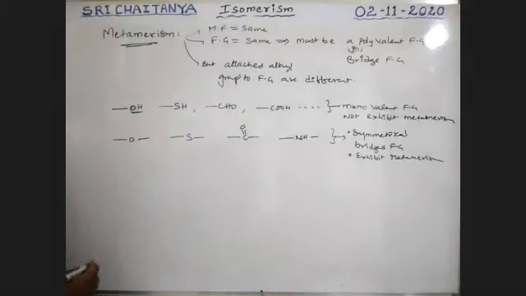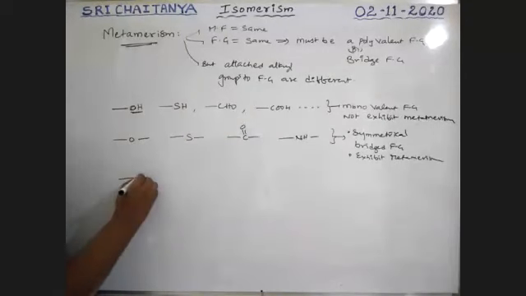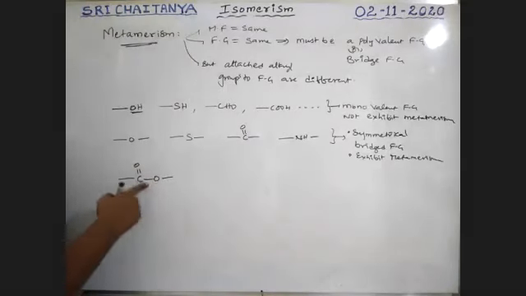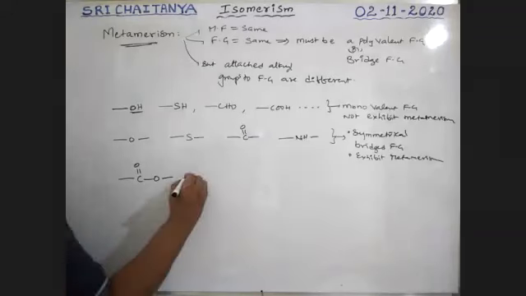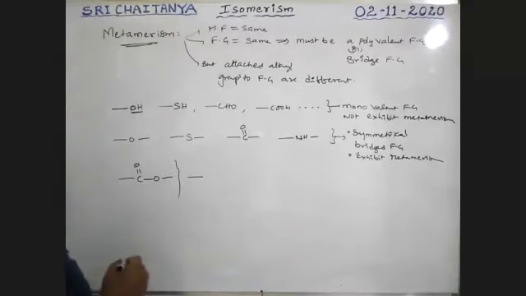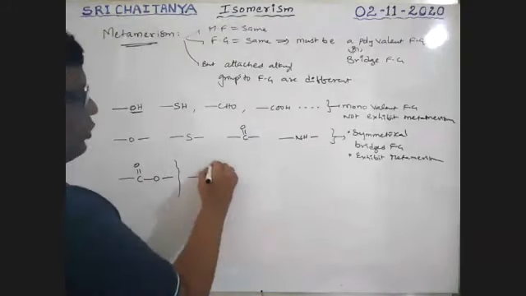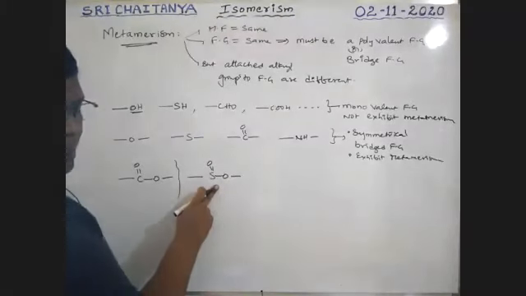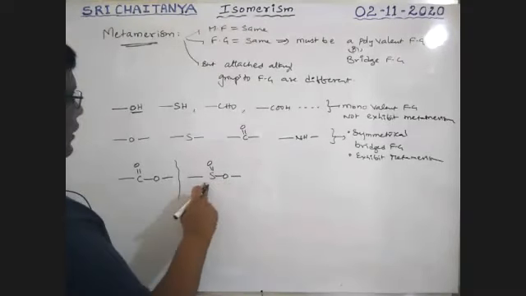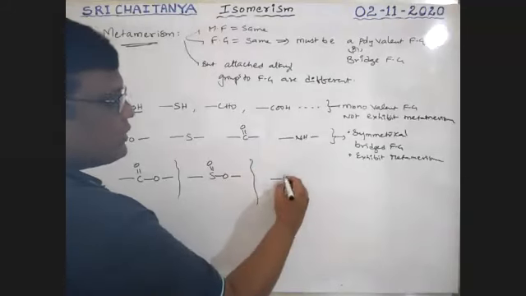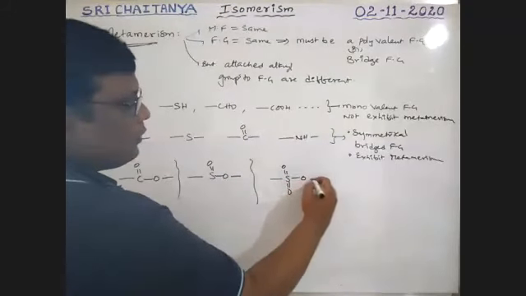Next, one more. See here, what is that? COO. Here, one alkyl group is on carbon, another alkyl group on oxygen. So that is why it is unsymmetrical. Next, SO2, it is another one. SO3, it is another one.